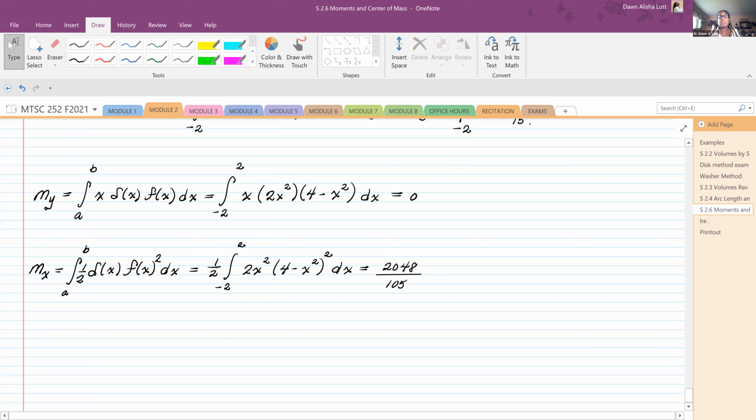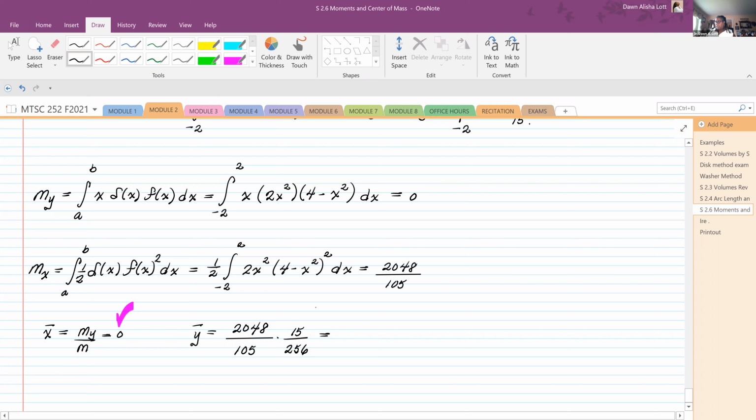So there it is. x bar is My over m, so that is 0. That checks out with exactly what we thought we would get. And y bar turns out to be 2048 divided by 105, and then we divide that by 256 over 15, or multiply by 15 over 256.